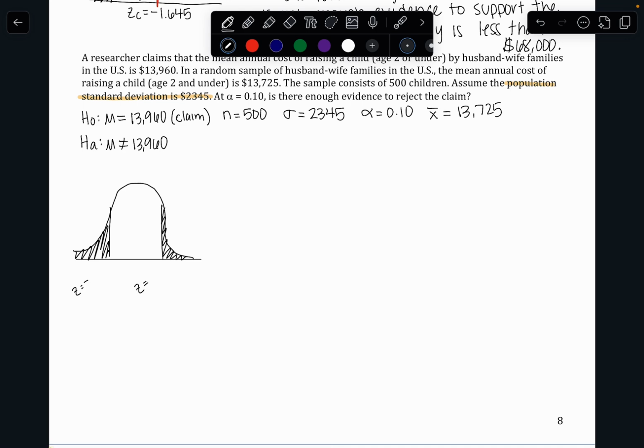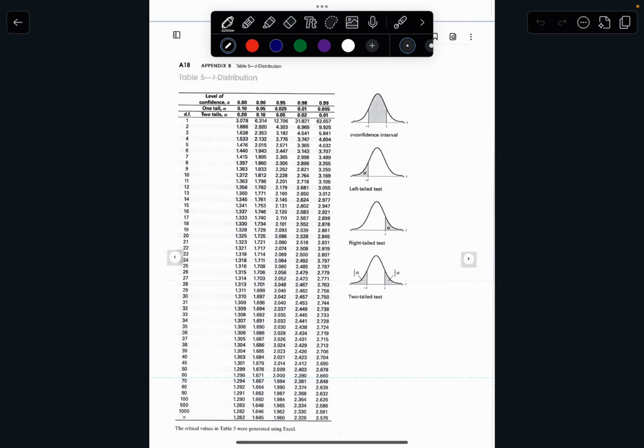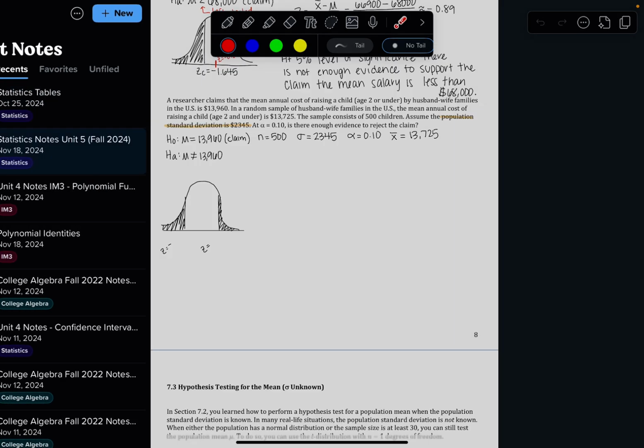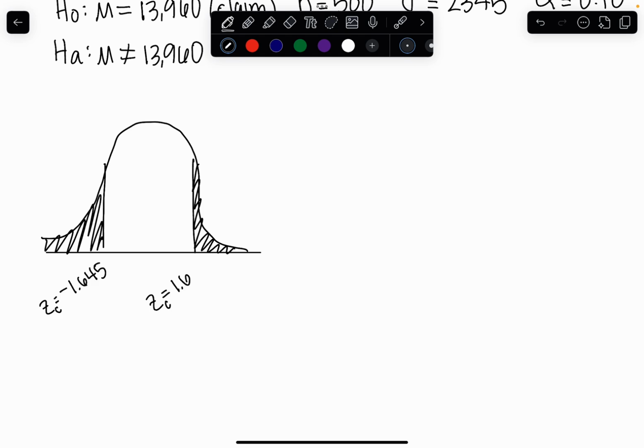So alpha equals 0.1 and we're two tails. Alpha is 0.1. Then we're going to go to the very bottom of our table 5 and we have 1.645. So our two critical values are negative 1.645 and positive 1.645.